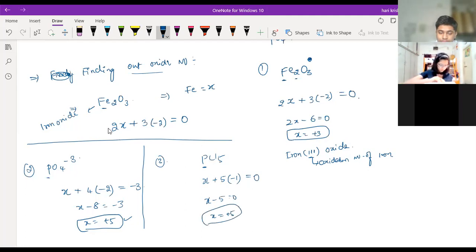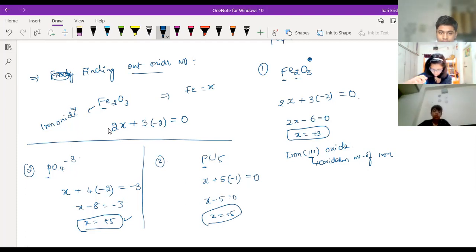Understand? Sir, what is the difference between oxidation number and valency? Both are same. Oxidation number can be positive or negative, but valency is always positive only. What is the meaning of valency? Combining capacity of an element. Either it can combine with one or two other elements, or it cannot combine also. So it can be 0 if it cannot combine.